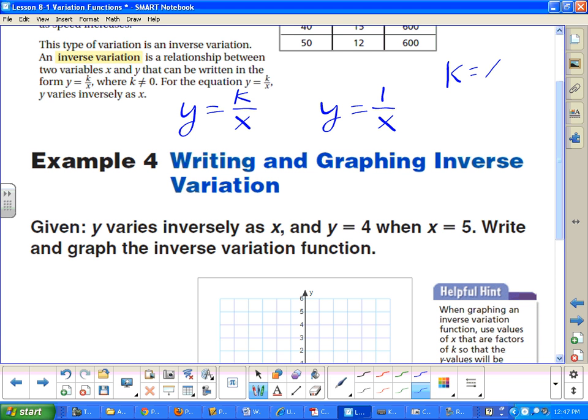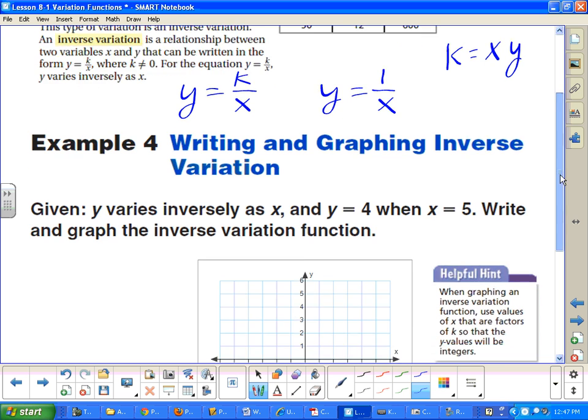So if I'm doing inverse variation, which is y equals k over x, then k is going to be equal to x times y. So if we want direct variation, we'll take y and divide by x. If we want inverse variation, we'll take y and multiply it by x to get the value of k.